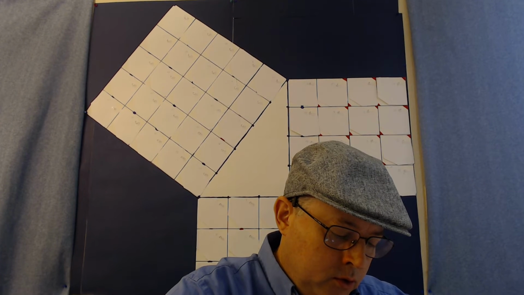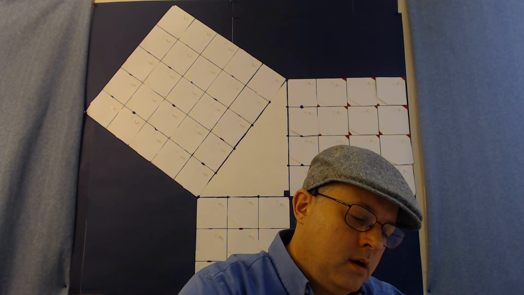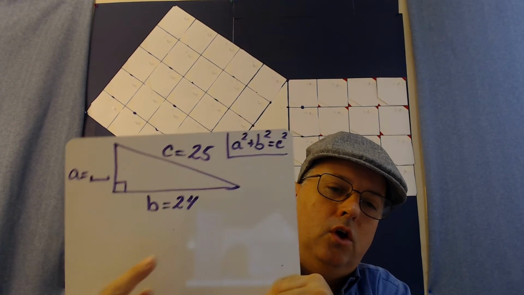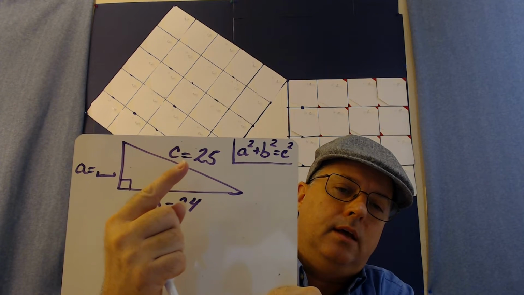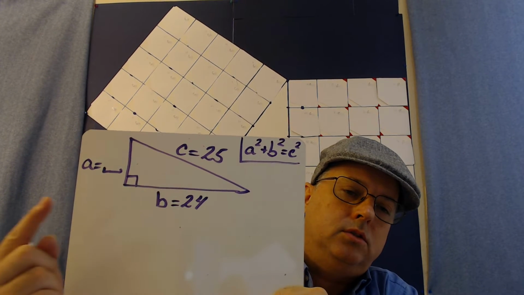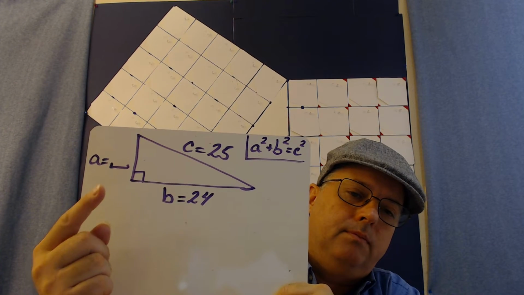And so B is 24 and C is 25. Okay, and so in this given situation, we have the B length of 24 and the C length of 25. That's the hypotenuse. And we're trying to find the length of side A.